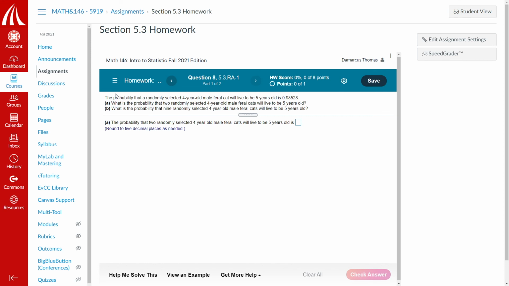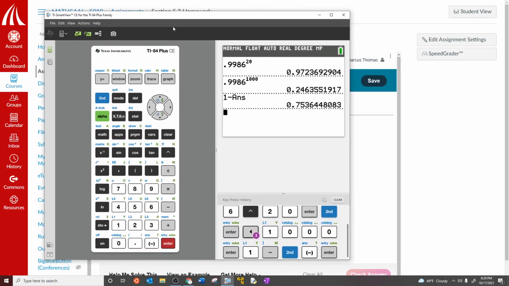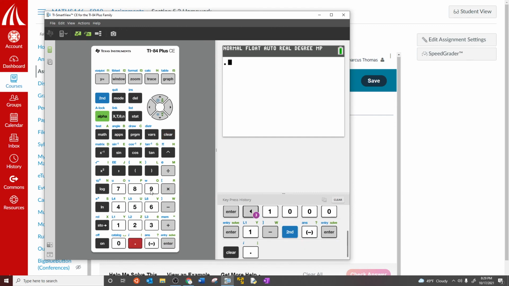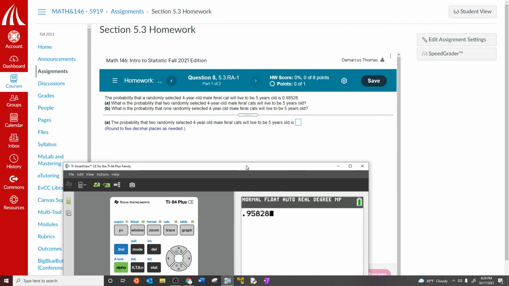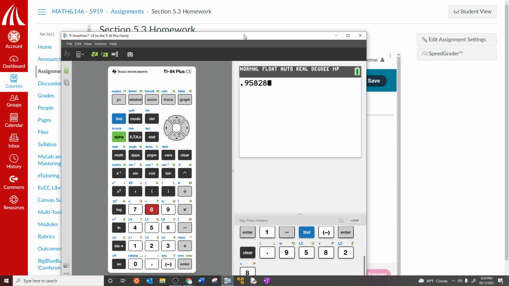Alright, so here we have the probability that a randomly selected 4-year-old male feral cat will live to be 5 years old is 0.98528. What is the probability that 2 randomly selected 4-year-old feral cats will live to be 5? So we'll do 0.98528 times 0.95828. Let's see. 0.98528.